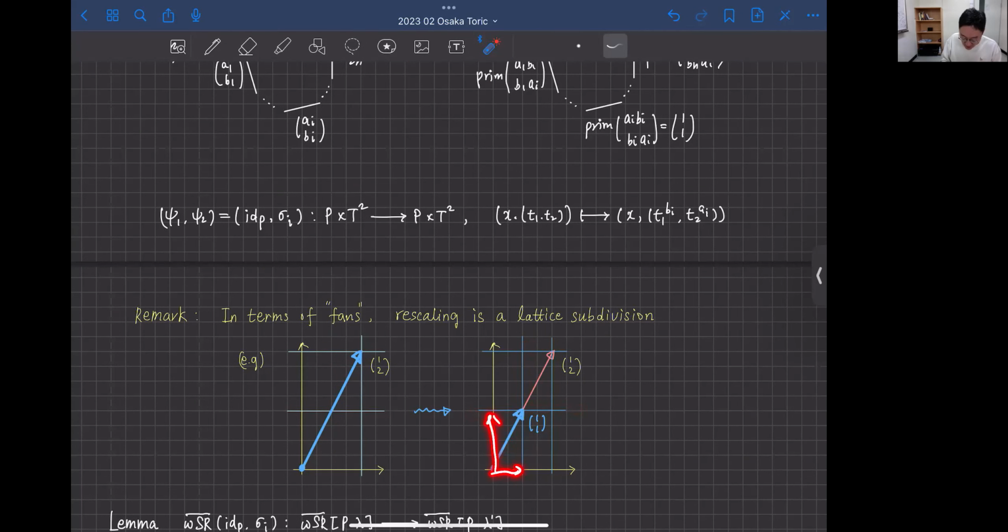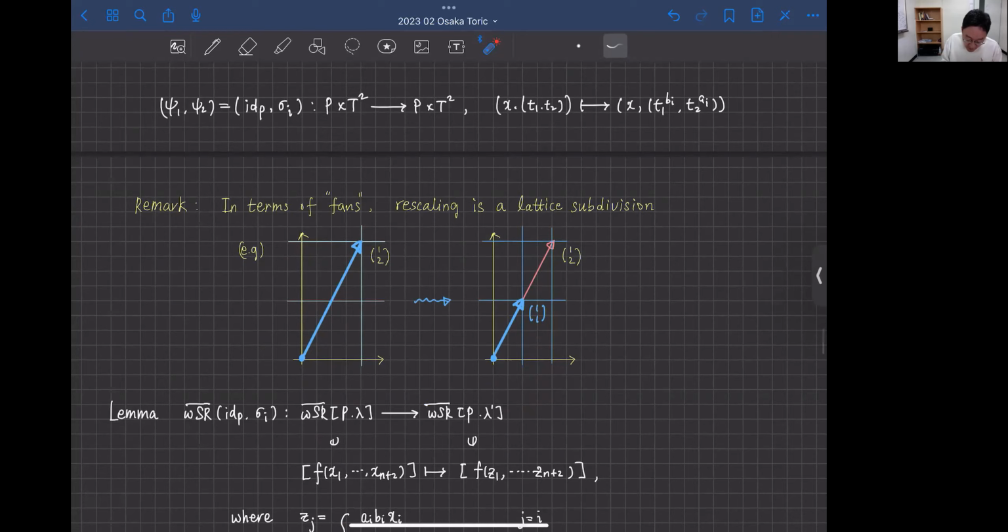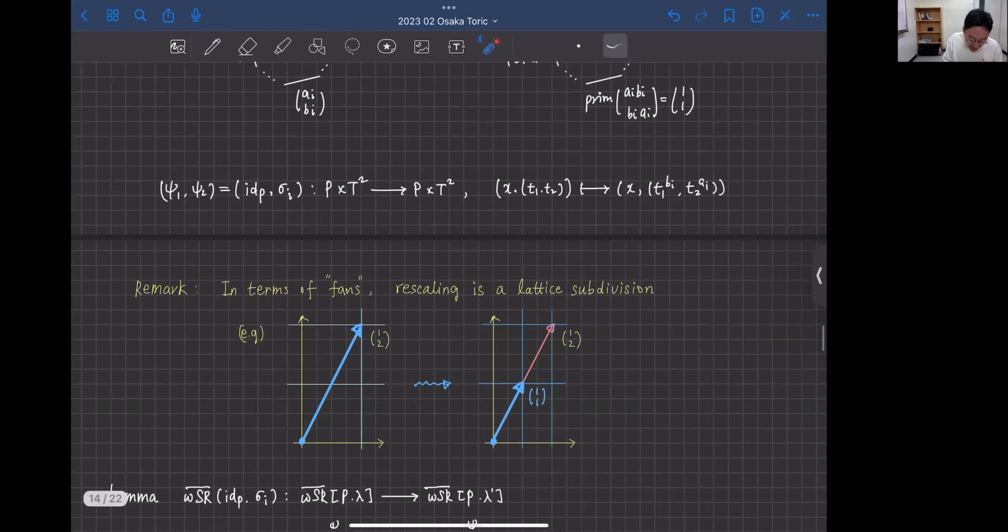So there is a corresponding notion in the language of fans, the lattice subdivision. Remember that whenever we have a compatible pair, we can define a toric morphism, and whenever we have a toric morphism, we can define a map at the level of the weighted Stanley-Reisner ring.